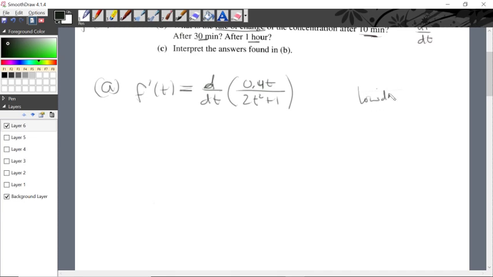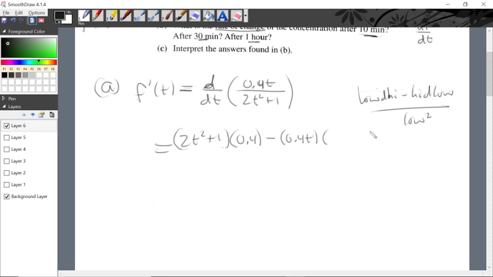So low d high minus high d low over low low. Okay, so the lower function is 2t squared plus 1. The derivative of the high function is 0.4, minus the high function, 0.4t, times the derivative of the lower function.